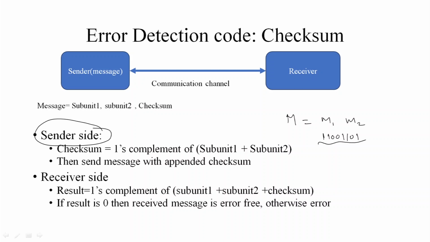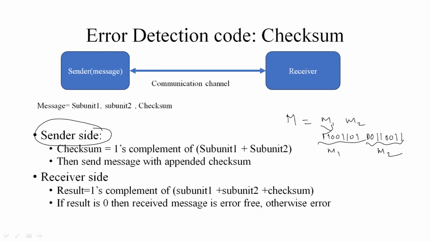This is subunit 1, meaning the message is divided into chunks, and each chunk contains 8 bits. Then the message consisting of 16 bits, the second part being 0 0 1 1 0 0 1 1, has 2 chunks, known as subunit 1 and subunit 2. These 2 chunks are used for computing the value of the checksum.